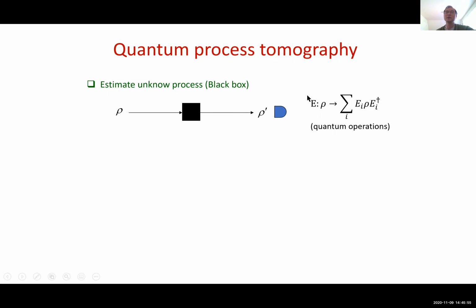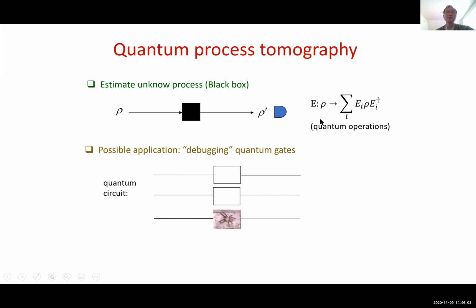We write a general quantum operation in terms of the Kraus decomposition that we mentioned earlier. This is useful to debug some quantum gates, but the gate would be limited to maybe 1 or 2 qubit gates, or only a few gates.